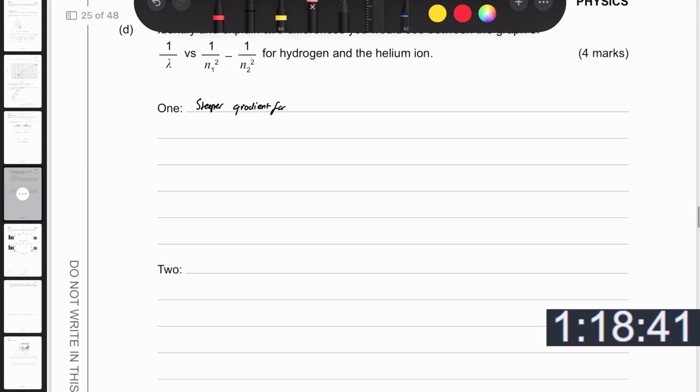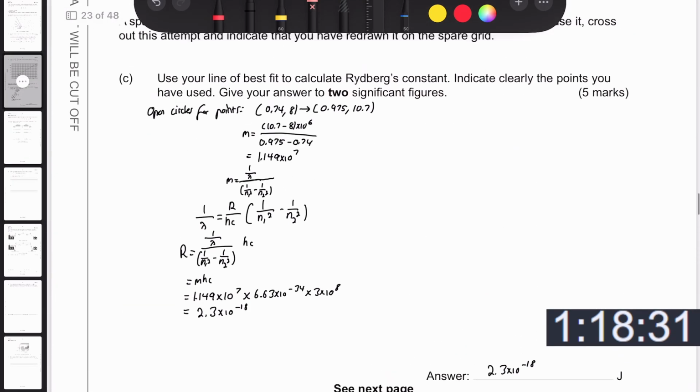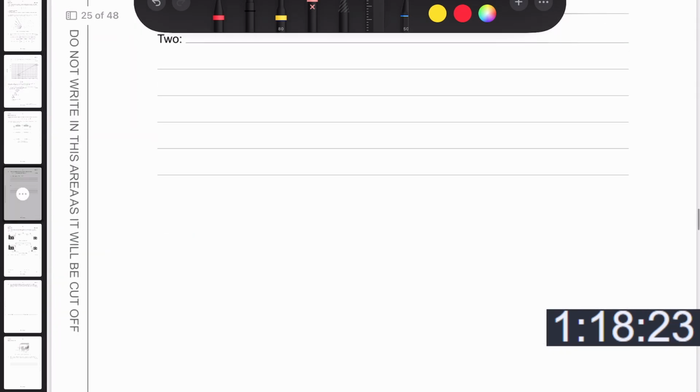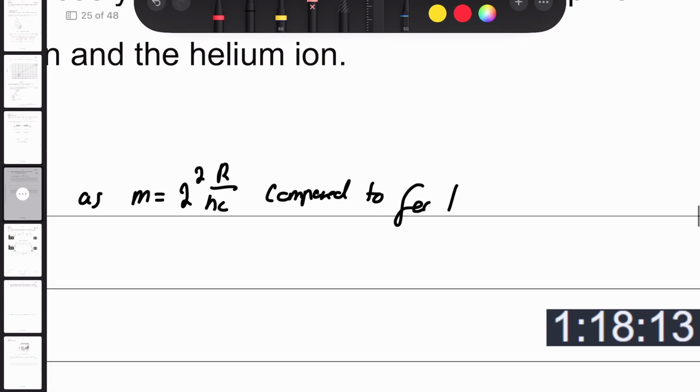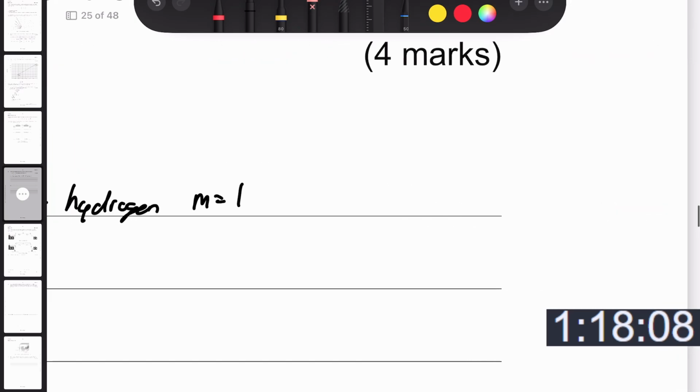For helium, M would equal Z squared R on hc, compared to hydrogen, where M would equal 1 squared R on hc.